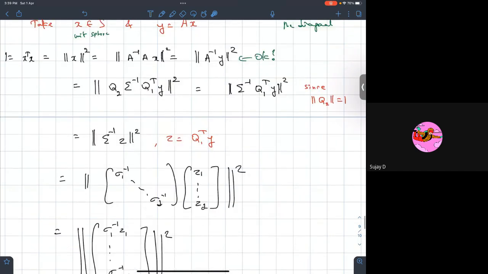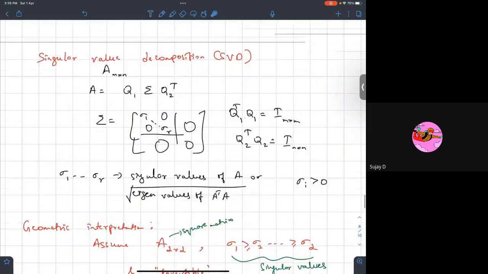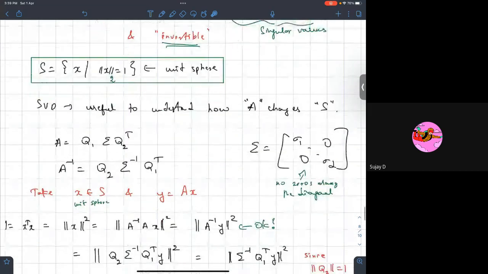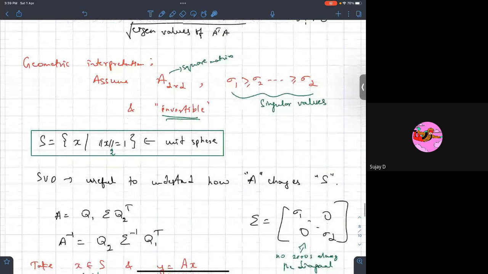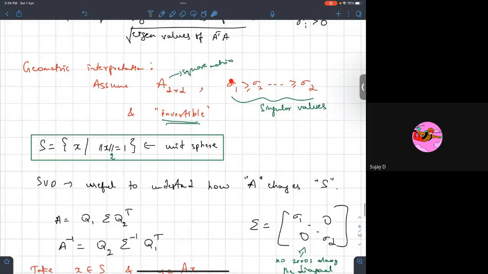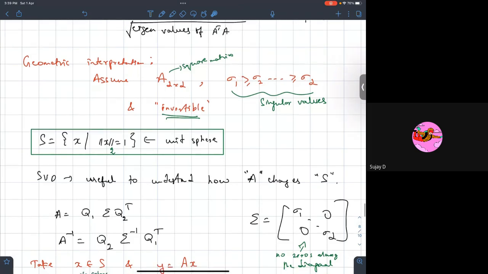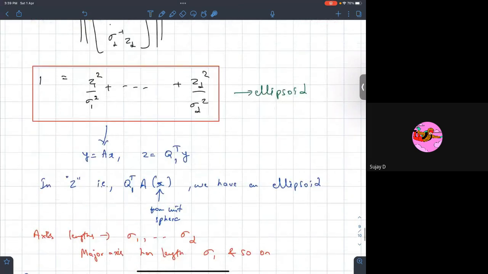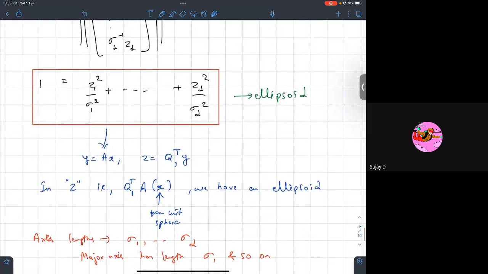Now just go back to this assumption. Somewhere I wrote sigma 1 greater than sigma 2 greater than sigma d. Sigma 1 is the largest singular value. If sigma 1 is the largest singular value, what is the principal axis of this ellipsoid? Sigma 1.